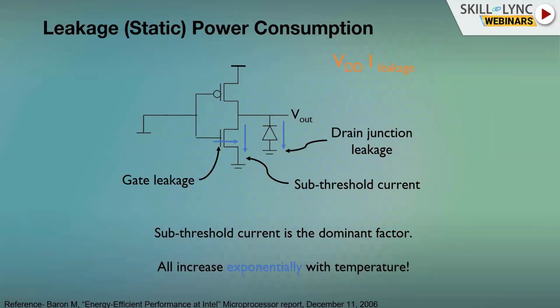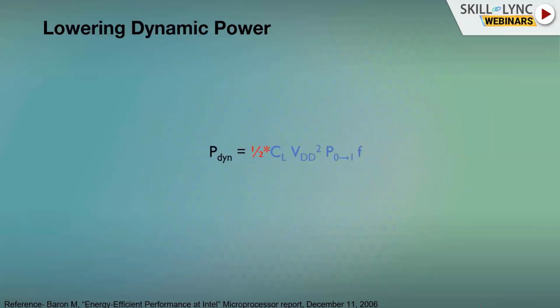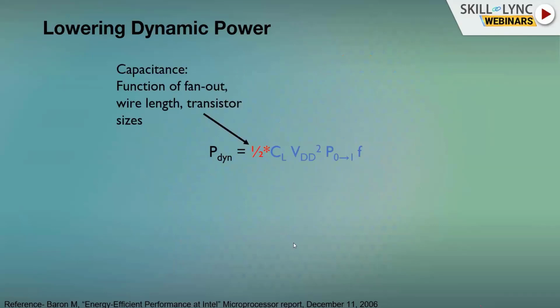That is the reason we need a low power design, so that we can control both leakage power and dynamic power in a better way. So let us go into the next slides, on how we can reduce our dynamic power, using the formula we talked about. One is that you can lower your capacitance. How do you lower your capacitance? Reduce your wire length, meaning from gate to gate, remove as much wire length as possible.